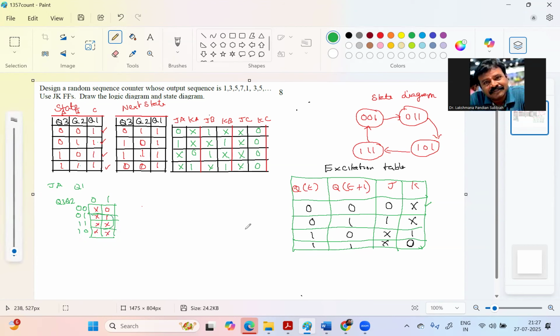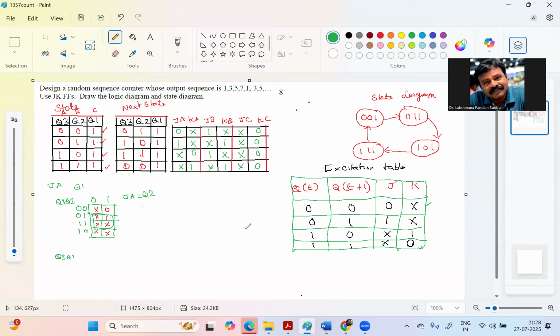For these four, the output is Q2. So JA equals Q2. You have to take that as one output. JA equals Q2. Next we have KA.